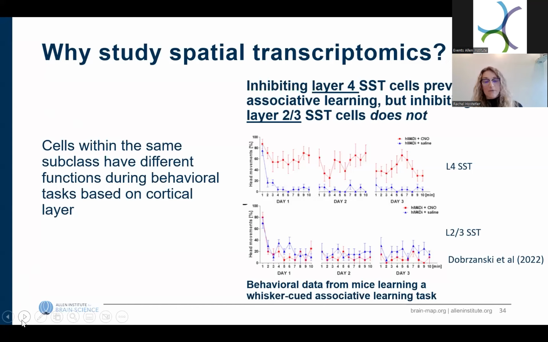However, when you inhibit layer 4, the mice can no longer perform this task. So even though these cell types are both somatostatin cell types, so they're within the same subclass, they had different functions based on just their spatial location. So our layer 2, 3 cells and our layer 4 cells have very different behaviors and are involved in different aspects of sensory learning.